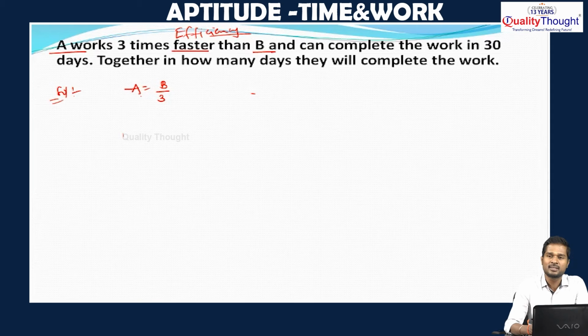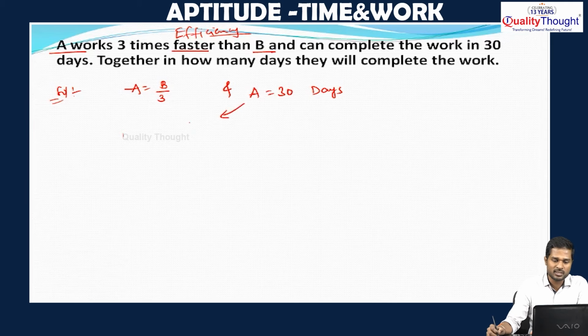If I keep B as 30 days, then A is equal to 1/3 into 30, that is only 10 days. Now here he has given that A is the person who can complete the work only in 30 days. See, A works 3 times faster than B and can complete the work in 30 days. So in the question we have A as 30 days.